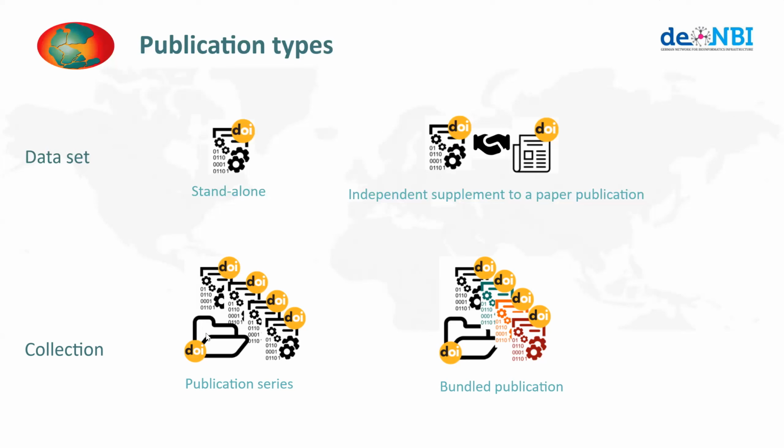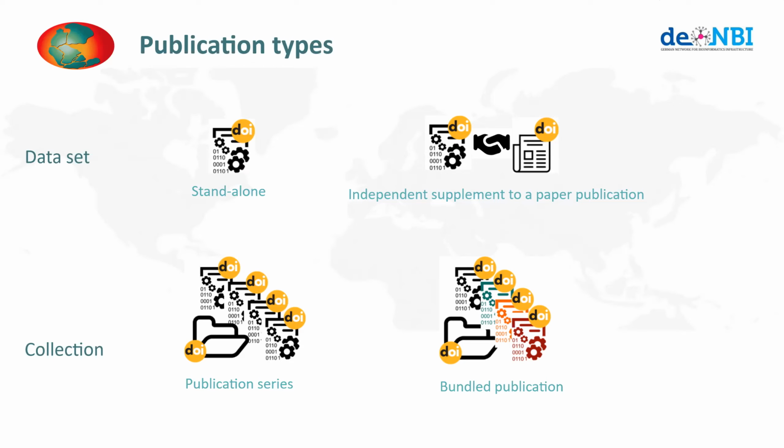So publication series is a type of data publications where the individual tables or individual data sets have a very similar structure. For example, it can be one type of measurements which took over different timescales. So monthly data sets, yearly data sets, whatever granularity we agree on.